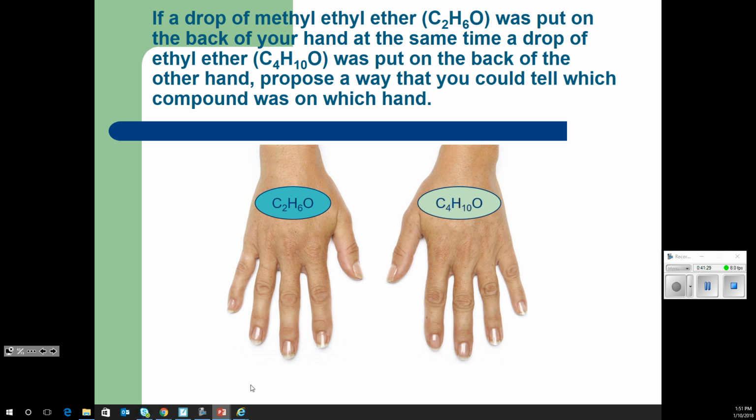And why do you think so? This is Graham's law, so think back to Graham's law. What's happening with Graham's law? Which one would give you a cooler feeling? Anybody got a guess?